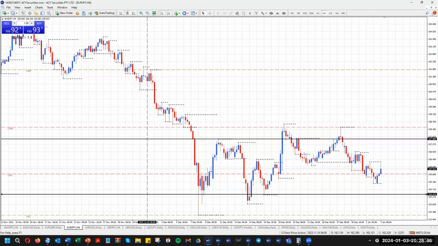This shows you a 4-hour break of a rejection candle, testing this high. So your entry is really here. Stop above there. Or if you want to be really safe, you could put your stop above there. And price has been moving down since that rejection candle.